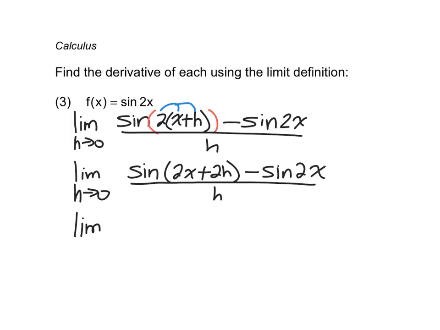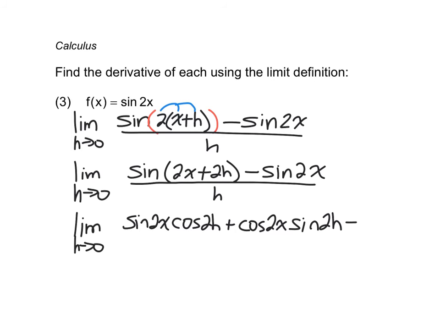So the limit as h approaches 0 of sine 2x cosine 2h plus cosine 2x sine 2h minus the sine of 2x all over h. So it has the same structure as all the stuff on the previous page. So we want to do something similar to what we did on the previous page also.